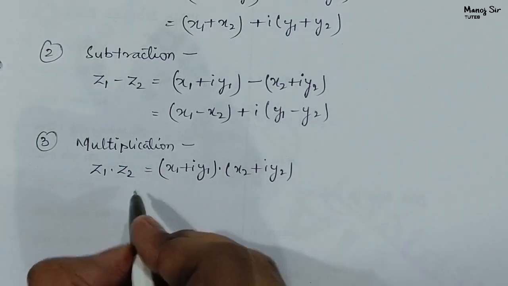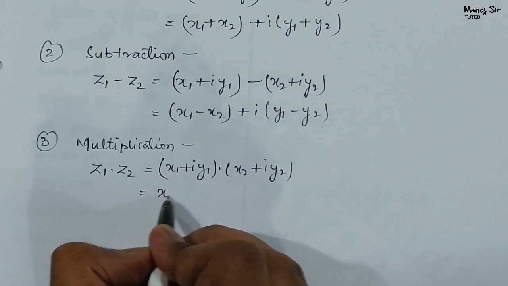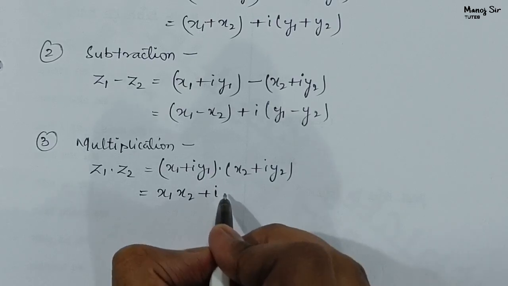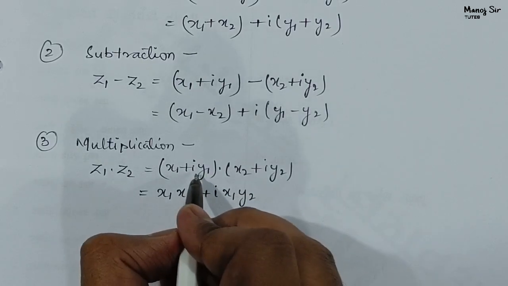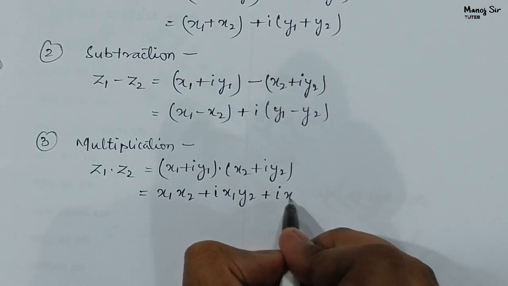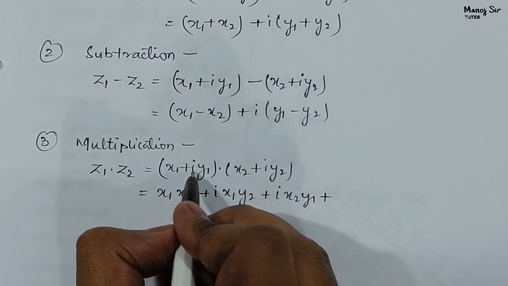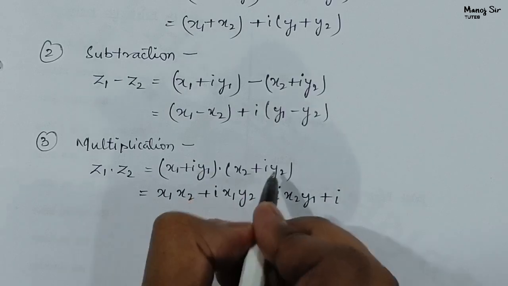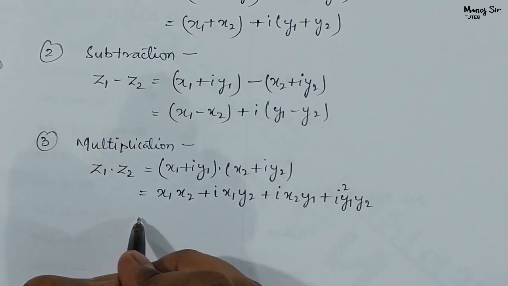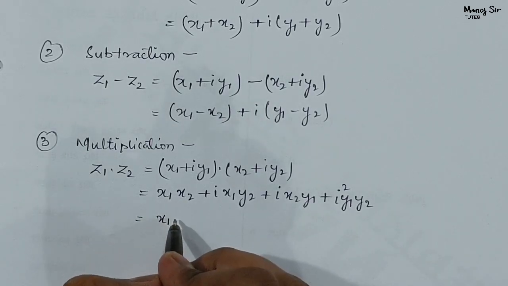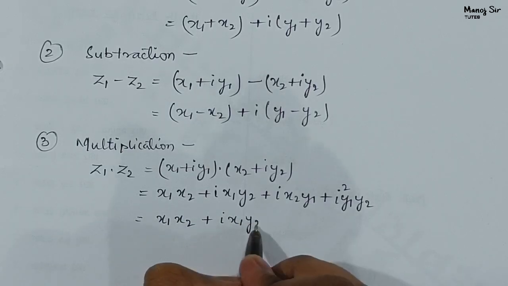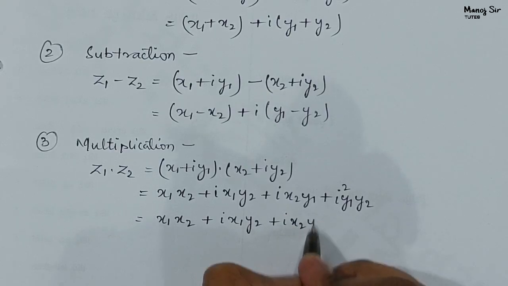Now we can open this bracket, which is very simple: x1 into x2, x1 into i times y2, that is i into x1 y2, again plus i times x2 into y1, plus i into i, that is i square y1 y2. Fine. Now this is as it is, that is x1 x2. Okay, this is i times x1 y2 plus i times x2 y1.